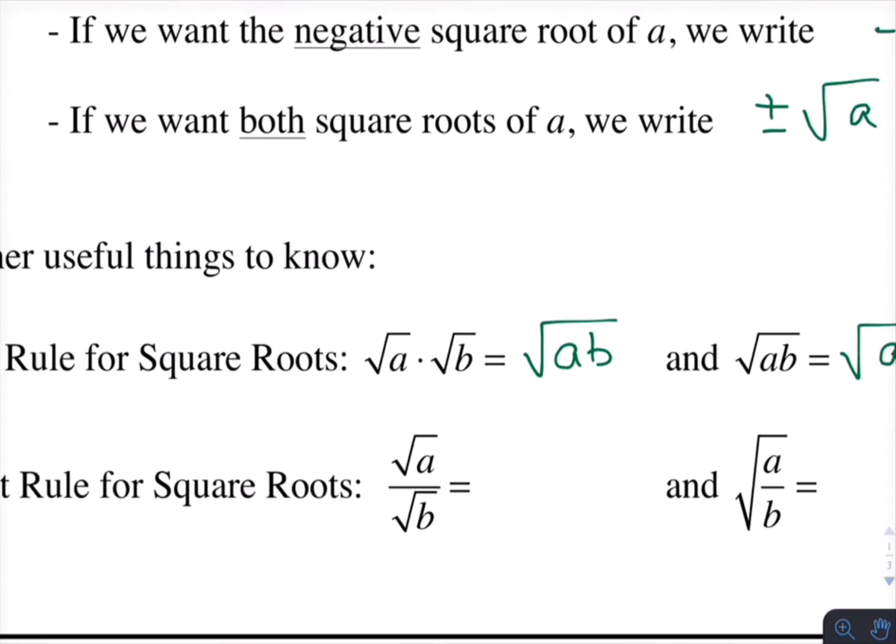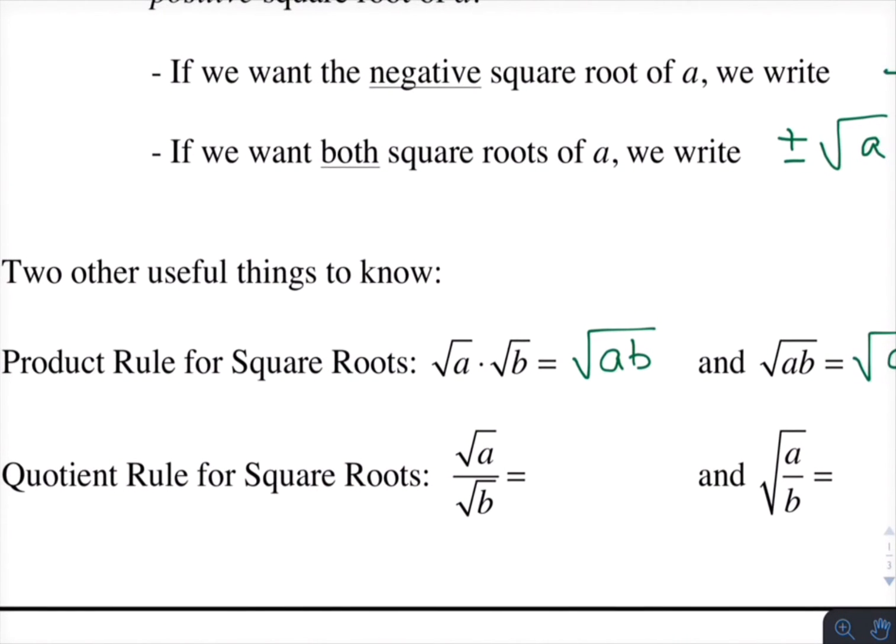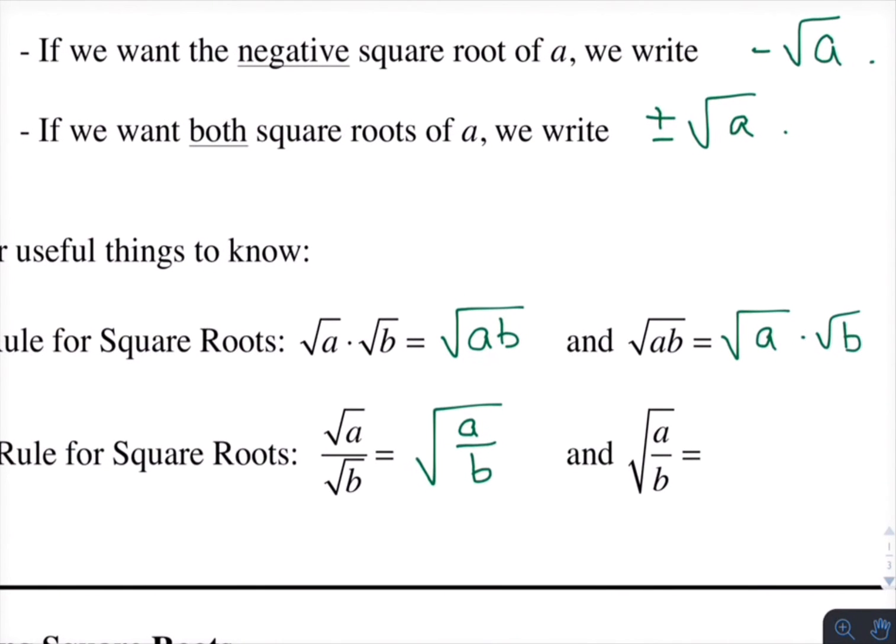And then the quotient rule, again, see if you can figure out what goes on the other side of the equal signs. So the quotient of two roots is the same as the root of the quotient, so root a over b. And if we have the root of a quotient, it's the same as the quotient of the roots.